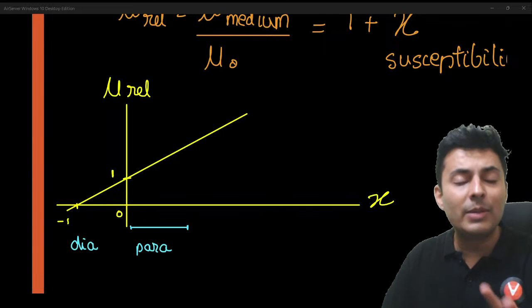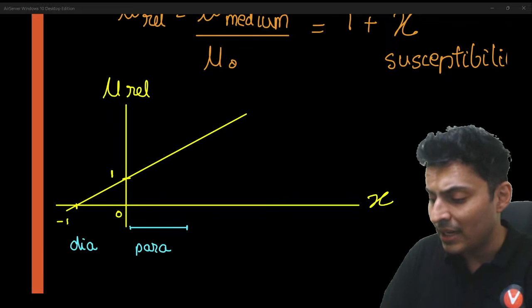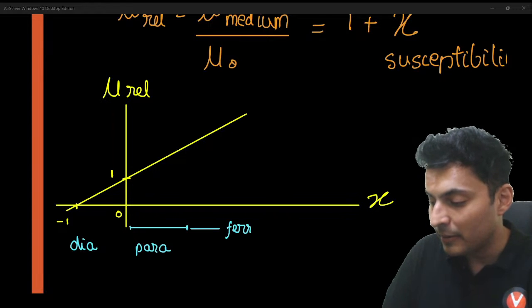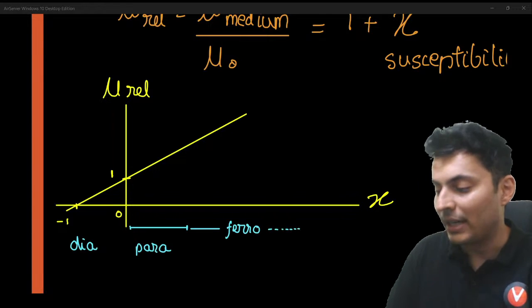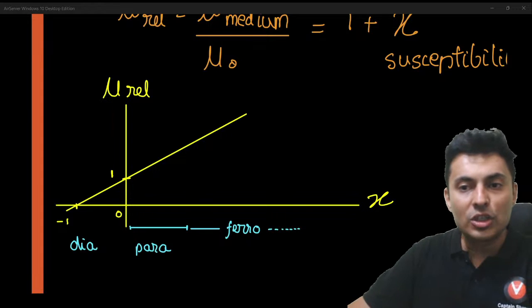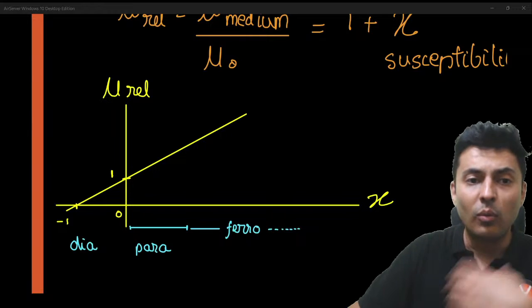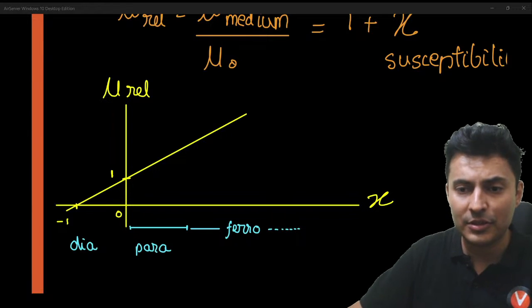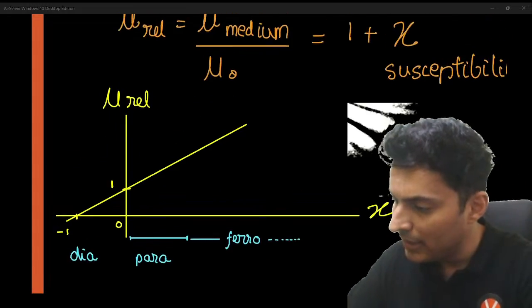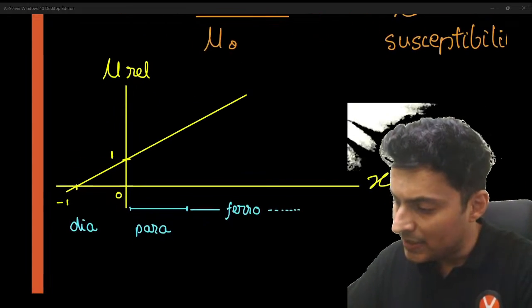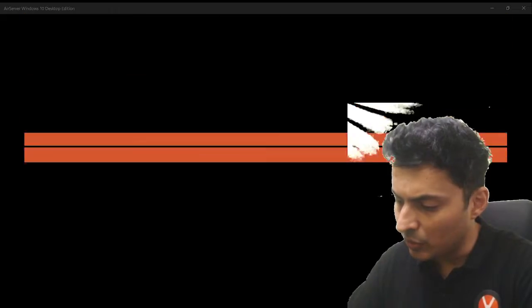When the permeability becomes high or susceptibility becomes high, after that it becomes a ferromagnetic material, till the end. Understood this difference of the relative permeability versus susceptibility graph? This is again very, very important.